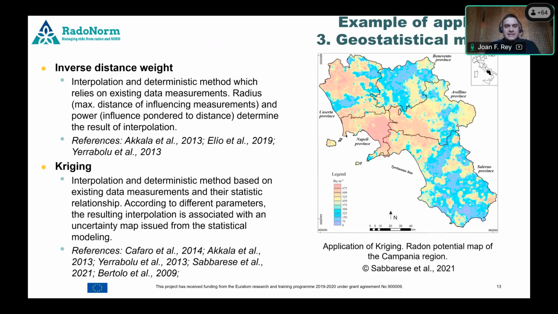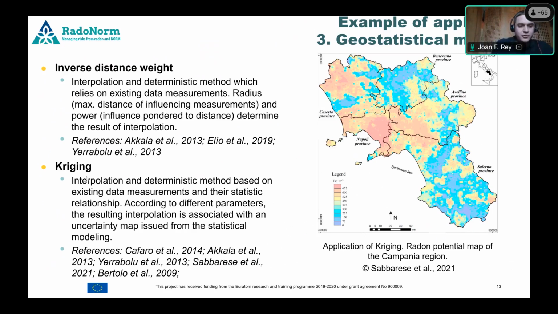So it means that if we want to interpolate a surface at a certain point, the closest measurement point will be more influential than the ones that are farther away. Here there is only one parameter to fit, which is the power. This gives a weighting to the influence of the distance to the points.